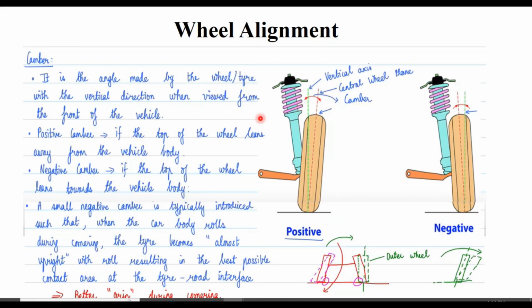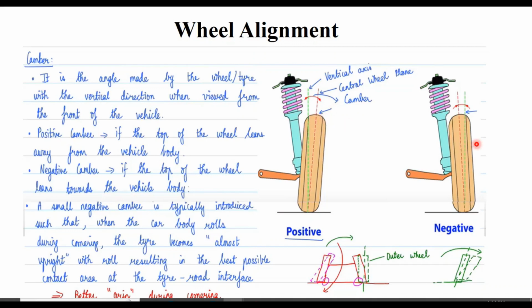You have two types of camber, one positive and one negative. If the top of the wheel leans away from the vehicle body, you can see here this is the positive camber.